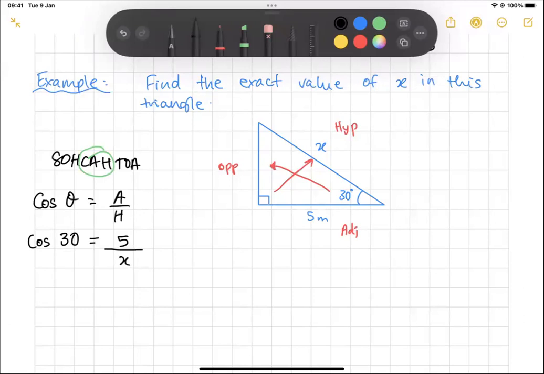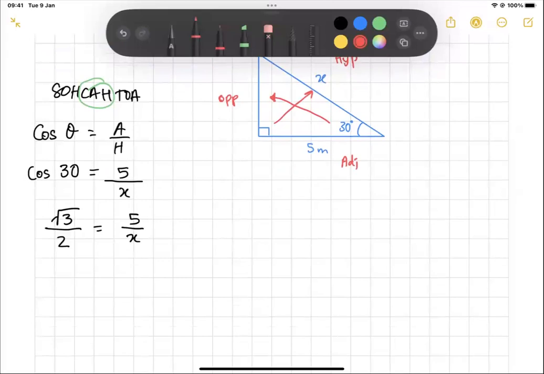Normally what we would do is calculate it, but because we already know the exact value of cos 30, which you can look back on in your notes, we're going to write it down. The exact value of cos 30 is square root 3 over 2, which equals 5 over x. So, easy peasy. Now let's just do our algebra.